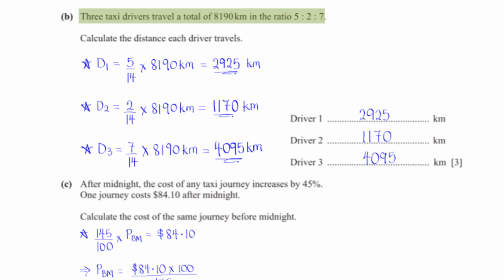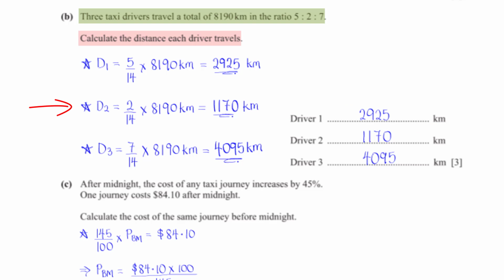3 taxi drivers travel a total of 8,190 kilometers in the ratio 5:2:7. Calculate the distance each driver travels. The first driver travels a total of 5 divided by the total ratio, which is 14, times 8,190 kilometers, and that is equal to 2,925 kilometers.